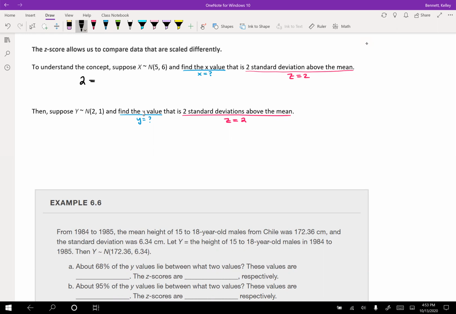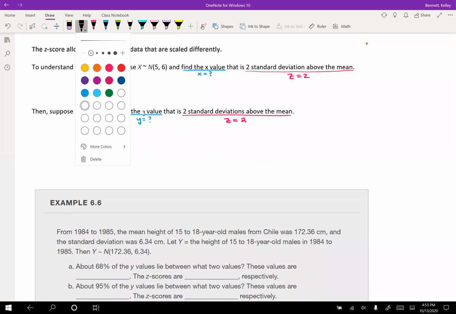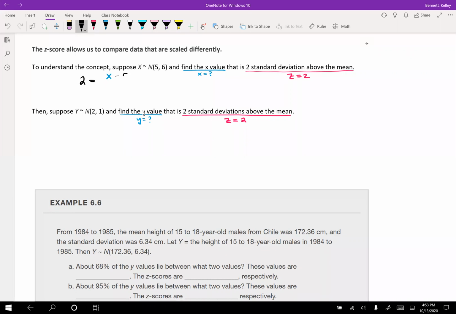So 2 equals x minus mu over sigma. I don't know what x is, but I do know mu. Mu is 5, and sigma is 6. Similarly below, I'm going to have 2 equals, I don't know what y is, but I do know that mu is 2 and sigma is 1, right? And so I'm getting those values from here and from here, my mu and my sigma.